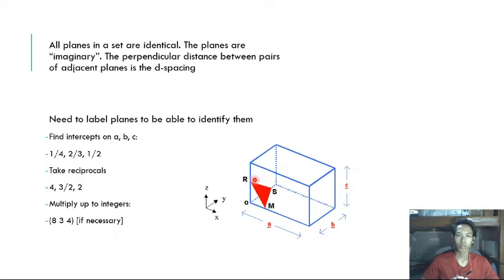If we need to identify the planes, first we need to label the axes. We label them A, B, and C. Find the intercepts on A, B, and C, which are 1 over 4, 2 over 3, and 1 over 2. Then we take the reciprocal and multiply up to integers if necessary, if it is a fraction.